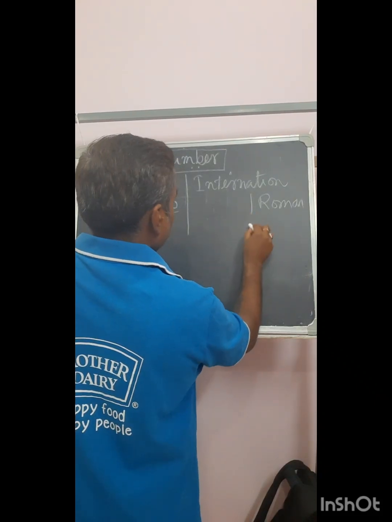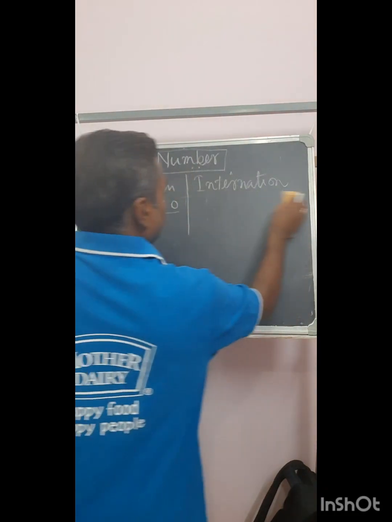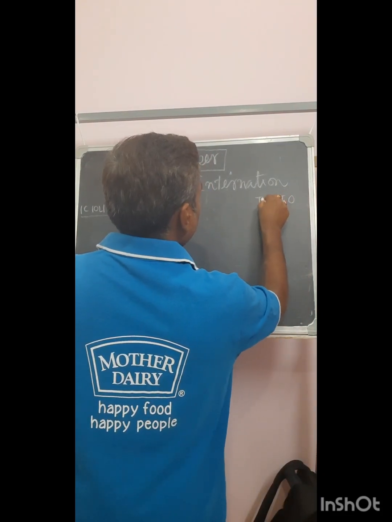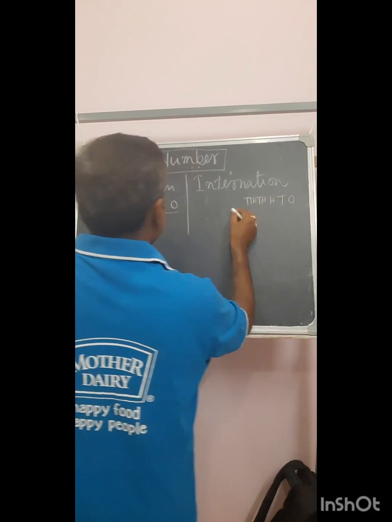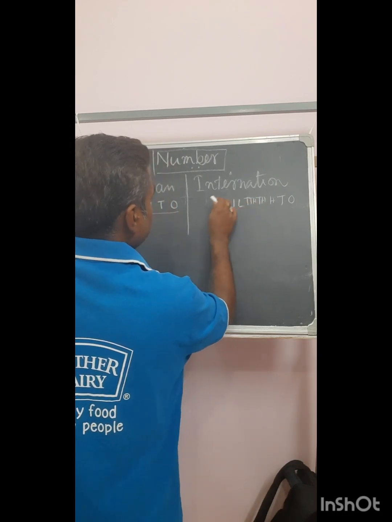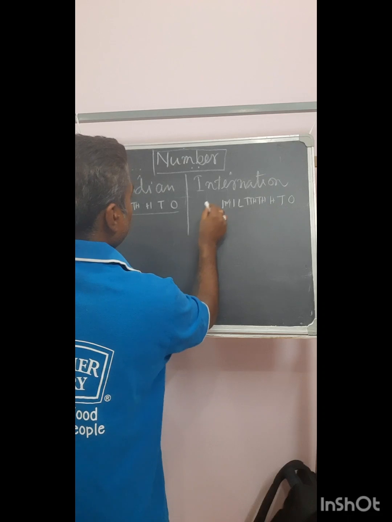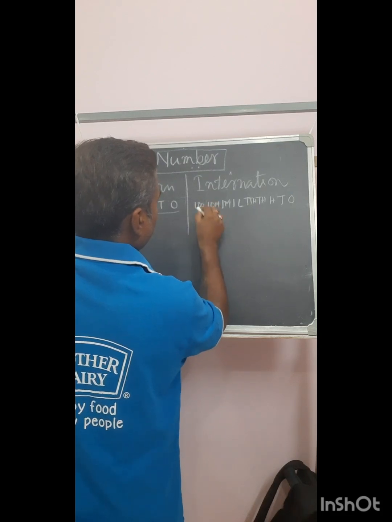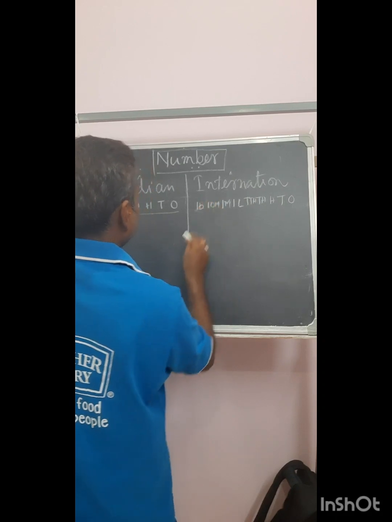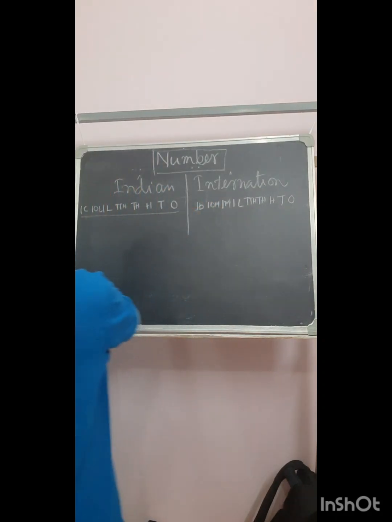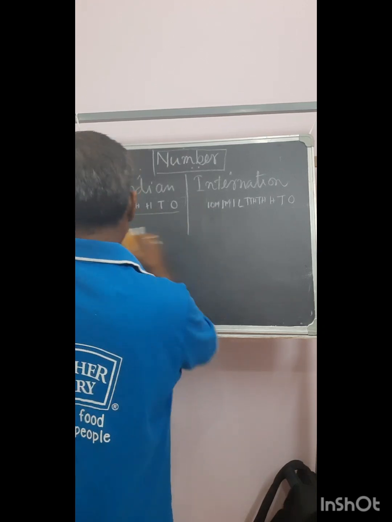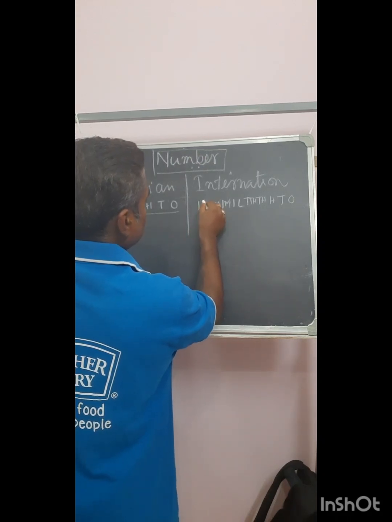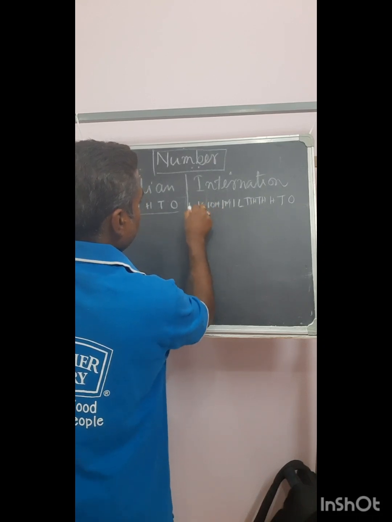If we take the example of the international system, it starts from 1, 10, 100, thousand, ten thousand, 1 lakh, then instead of 10 lakh they say 1 million, then 10 million, then 100 million, and then they say 1 billion.